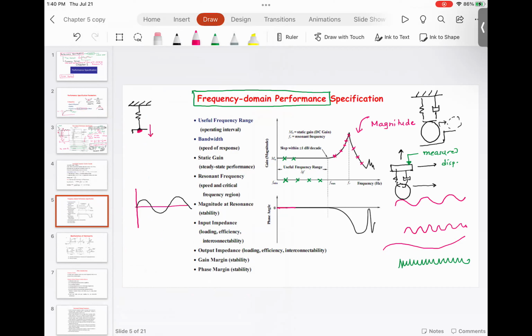And if I excite this massless spring, and if I measure the displacement of the massless spring using some type of laser distance measurement, or maybe an accelerometer, or some optical technique, my question to you is, what do you think will happen? Let's excite this system like this. How would the system respond based on your experience?